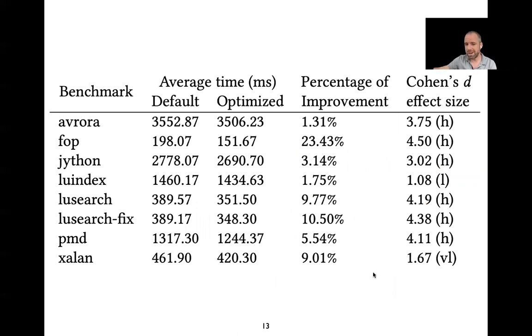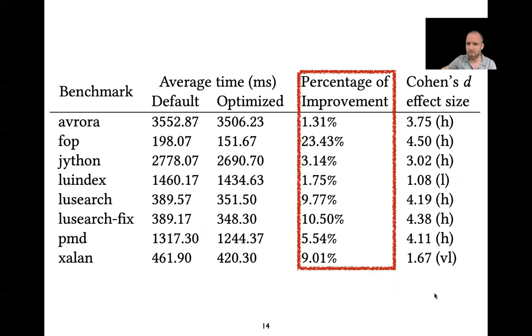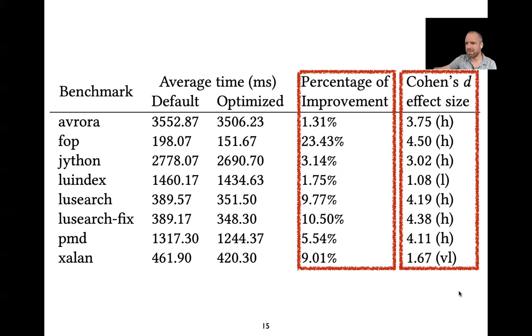We see that there is quite some improvement, ranging from 1 to 3% up to 23% improvement. Whenever we measure execution times, there is a lot of noise, and by using some statistical tests, we show that the improvements are not pure luck.